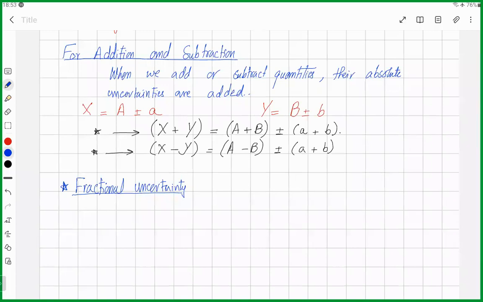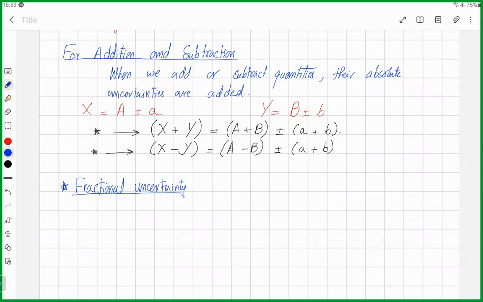Actually, we cannot tell. If somebody asked me whether an uncertainty of 0.1 millimeter is big or small, I would ask what you are measuring.